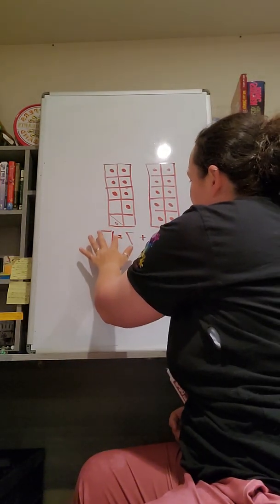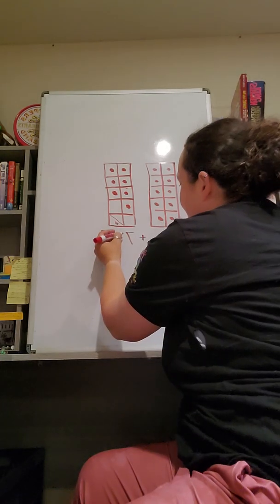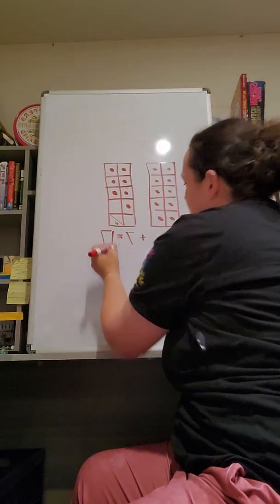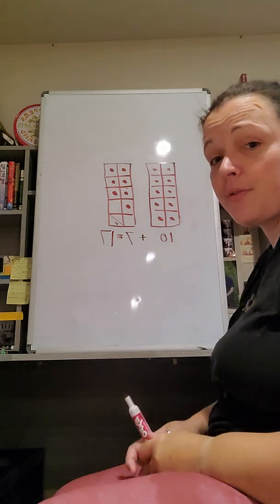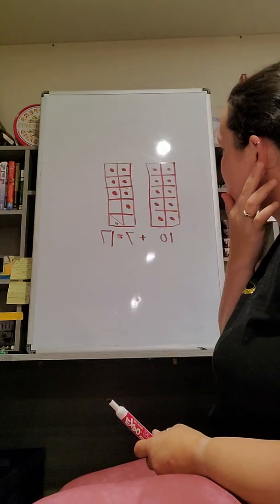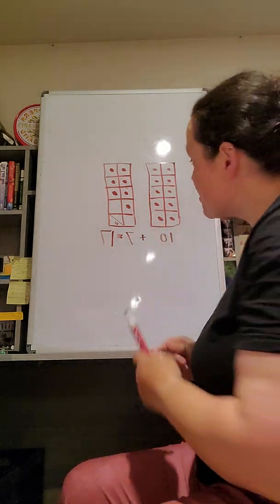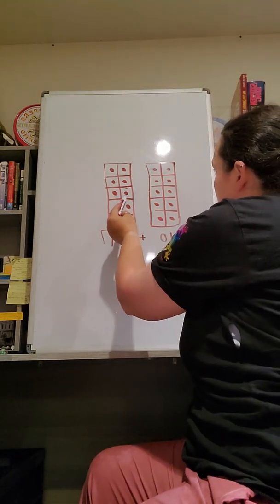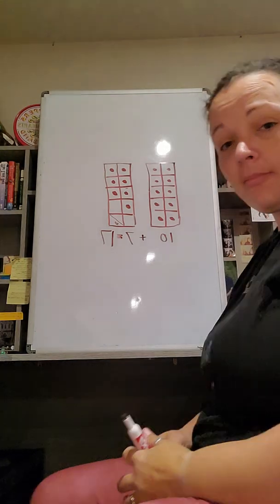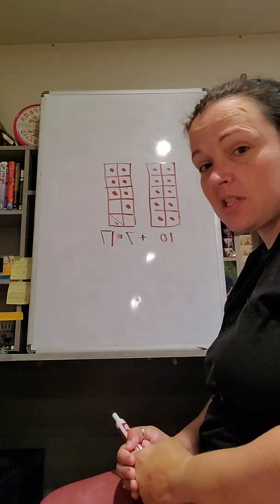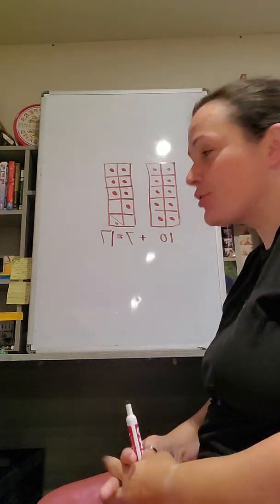Let me write that a little bit better. There we go. All right, so in your groups, you are going to build the numbers and then break down the numbers. All right, any questions? Okay, get into your groups.